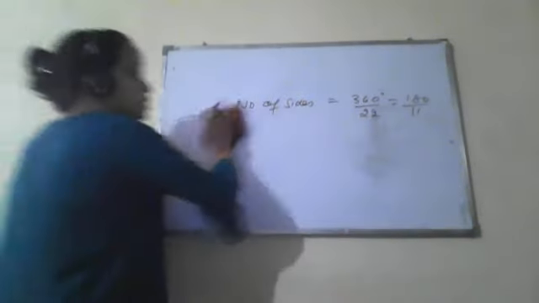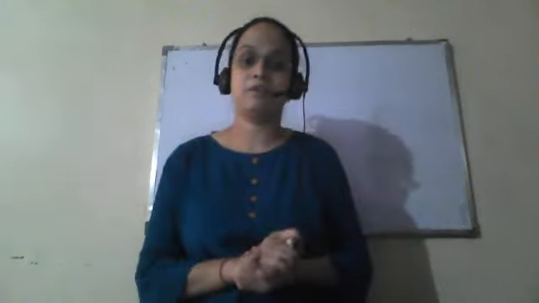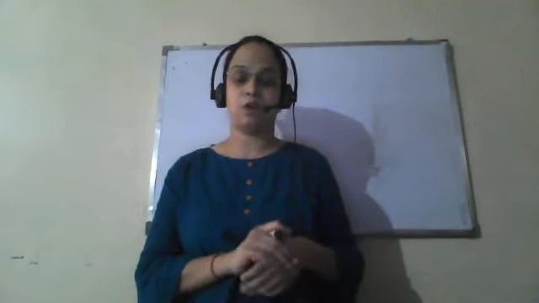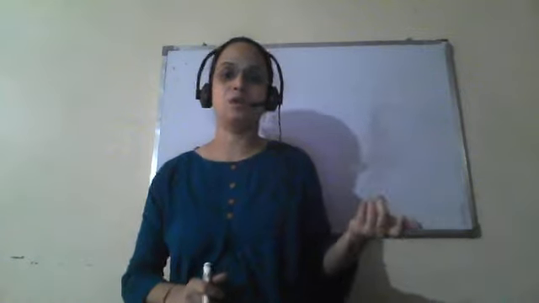Now sixth question. What is the minimum interior angle possible for a regular polygon? So when you have seen the interior angle sum property of different polygons, it was classified according to the number of sides.